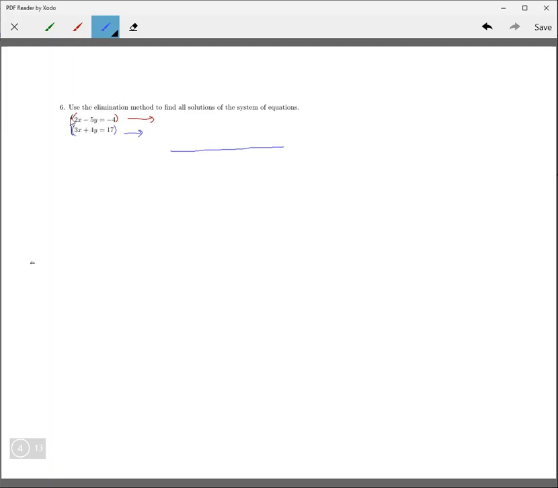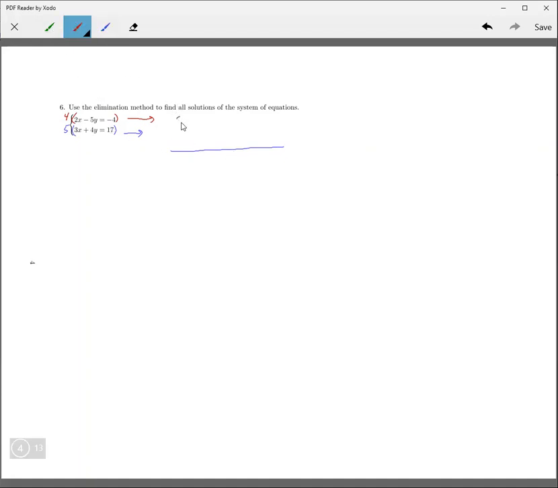Depending on what you multiply by, you can eliminate one of these variables. For example, I see that this is -5 and that's +4. So if I multiply the top one by 4 and the bottom one by 5, then the y term is going to be -20y, and the y term here is going to be +20y, and those will cancel each other out when you add them together.